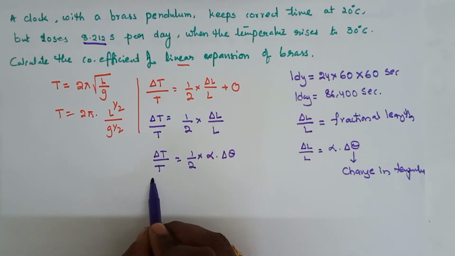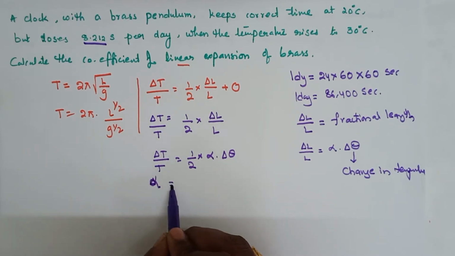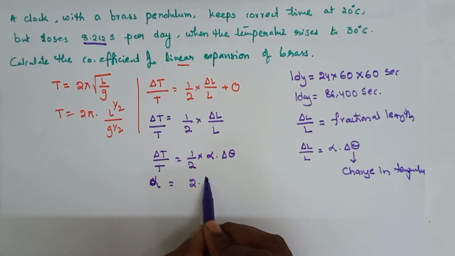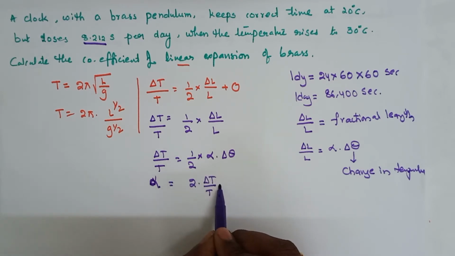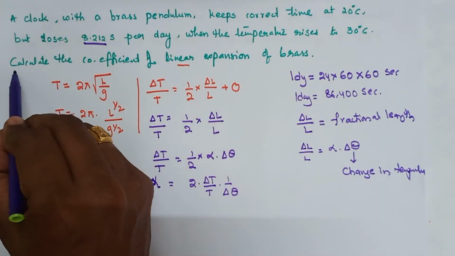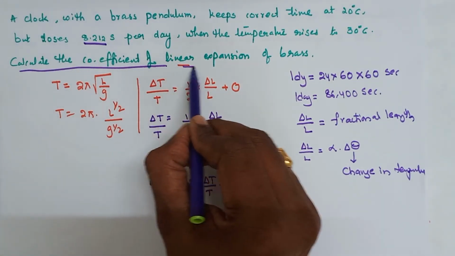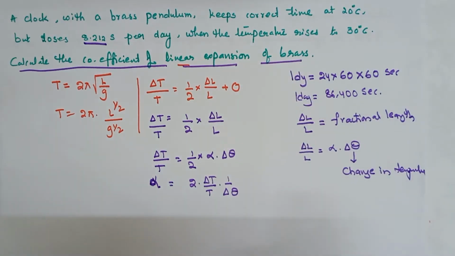So what is asked here? Alpha is equal to 2 into delta t by t, times 1 by delta theta, because they are asked to calculate the linear expansion coefficient of the brass.